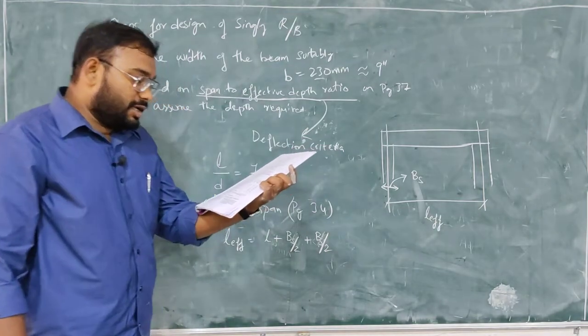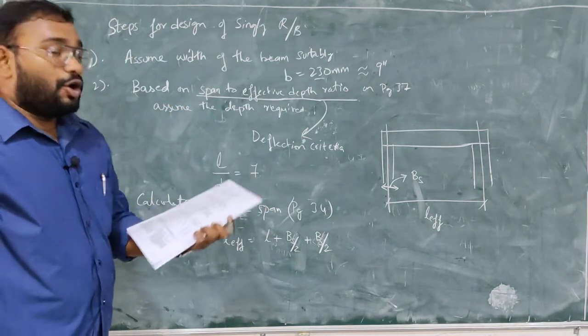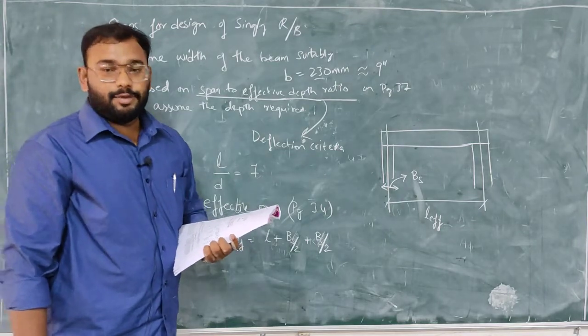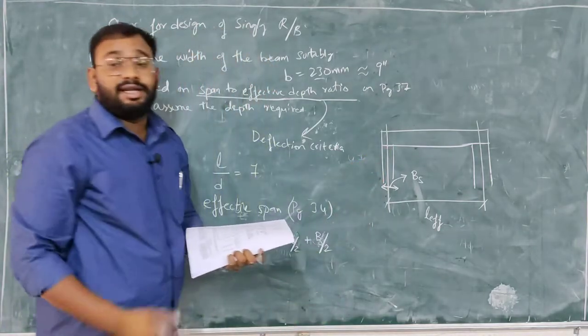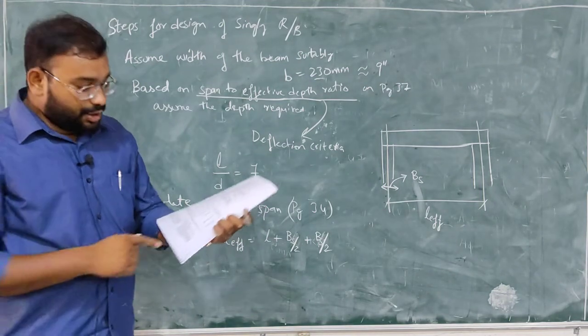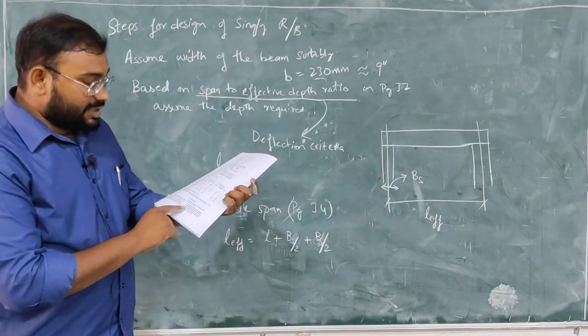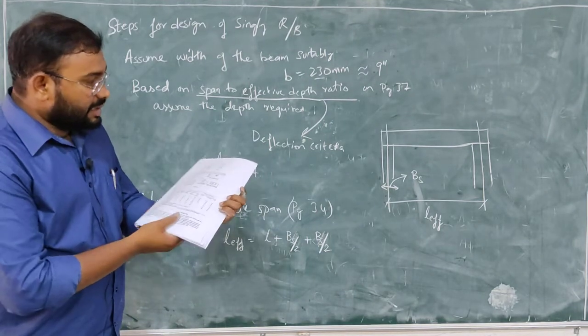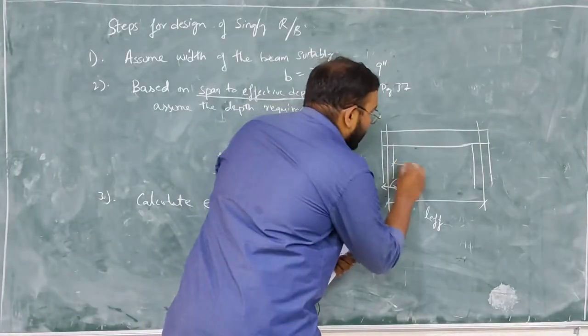If you see page number 34, one condition is given here. The effective span of a member that is not built in integrally with its supports shall be taken as clear span. Not built in integrally means simply supported.